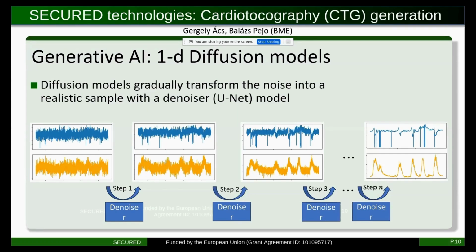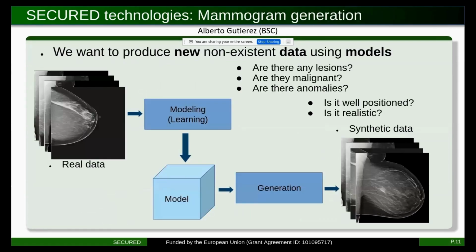It was already mentioned and will also be shown in more detail by Alberto how these data are generated. This is also a slide from Alberto. So the main setting is that from real examples, a model was trained, and this model can generate an image.